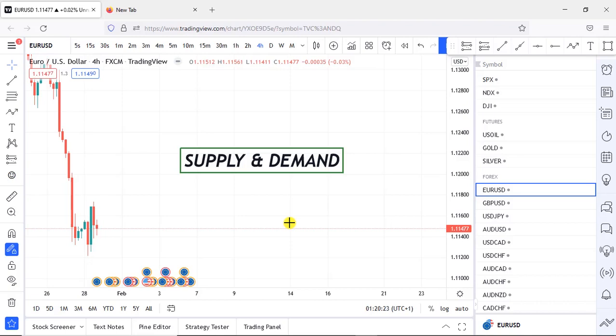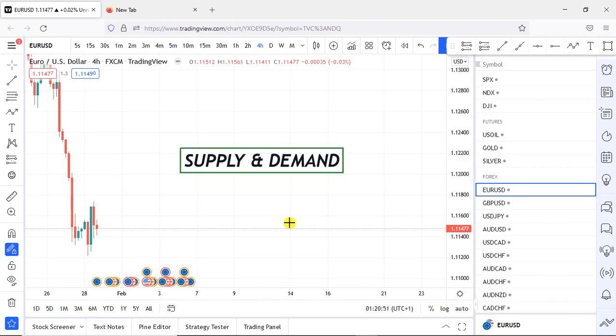And then we have the big players, which are the banks and hedge funds and companies like Coca-Cola, Samsung, and the rest that trade this market. They trade with huge capital or huge funds. So it is these big players that control the market. They are the ones that create these supply and demand zones in the market.